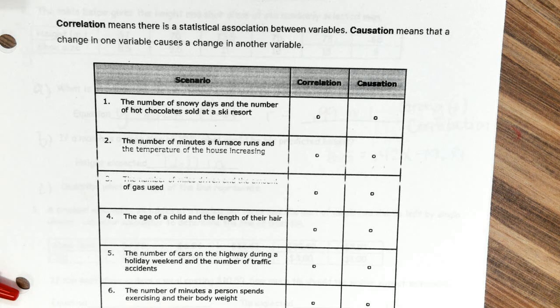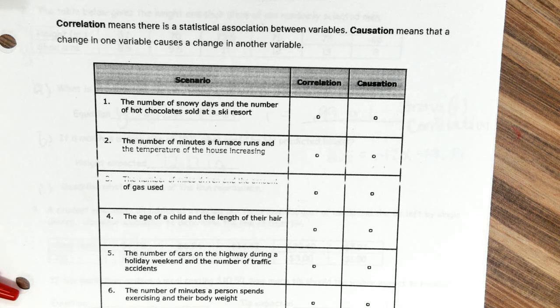The number of snowy days and the number of hot chocolates sold at a ski resort. Would that be a correlation, or would it directly cause the other one? Okay, what do y'all think? Anybody brave enough to give me your opinion?